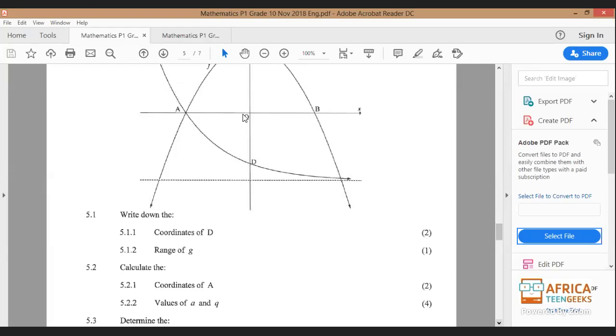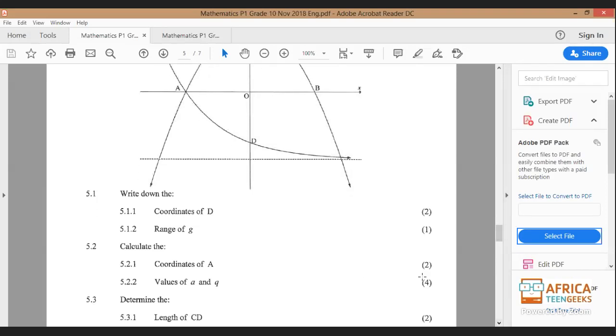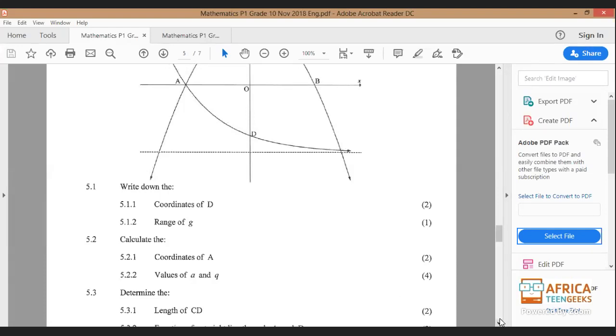Either you can do it by inspection and see that there it's so many units, there it's so many units, therefore from there to there, it's so much units. Or you can use your distance formula. However, your distance formula is always going to take time for you unless you don't have any other options. It's only 2 marks, but any answer is acceptable, guys.